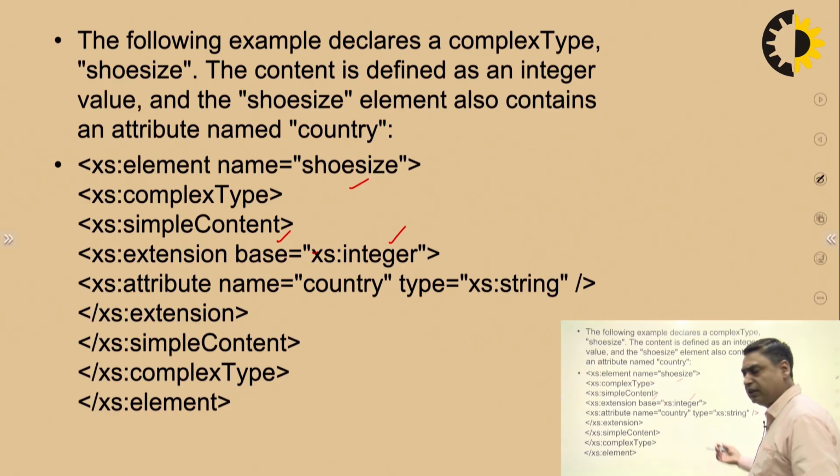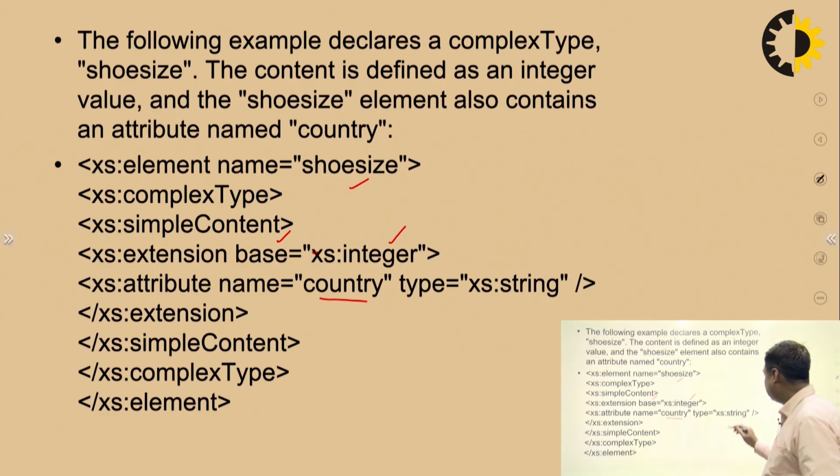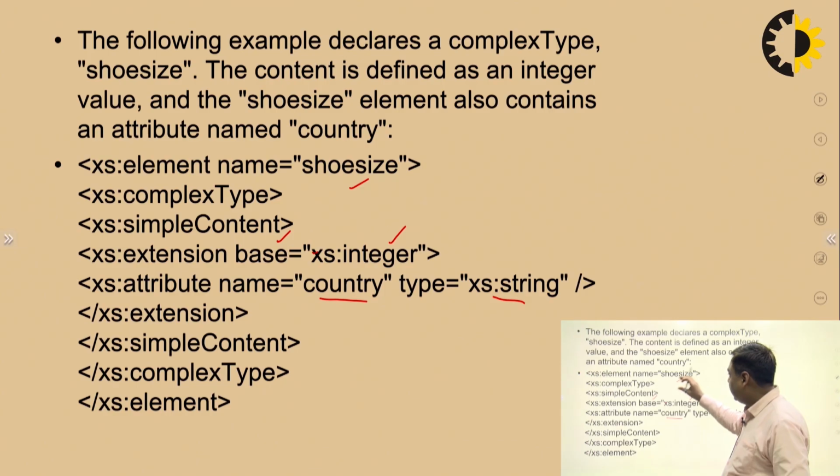If you want a string, then you can write string here. I want only a number in this element shoe size, therefore we have written integer, and then comes the attribute. The name of the attribute is country and the type of the attribute is string. So understand, the content of the element is of type integer, and in this element we have defined an attribute.